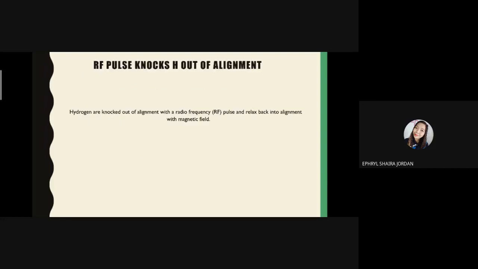Now, let me show you a presentation of how an RF pulse knocks out a hydrogen proton out of the alignment. So, diba, if you put a hydrogen proton in the magnetic field, it tends to align with the magnetic field, diba?